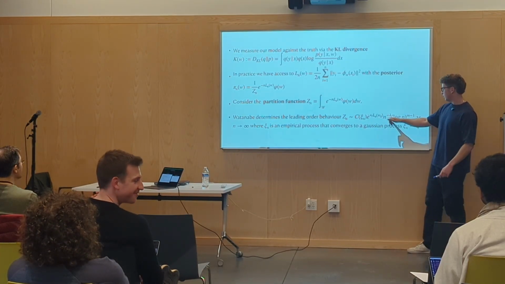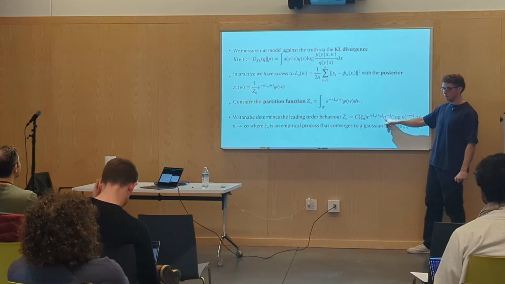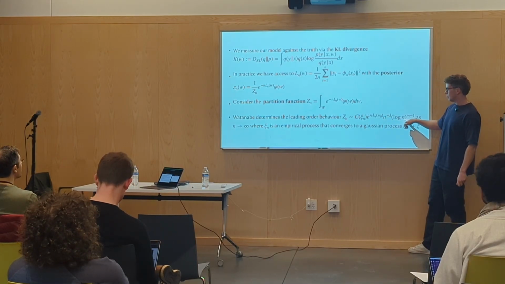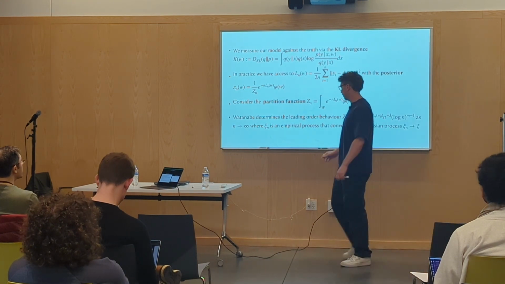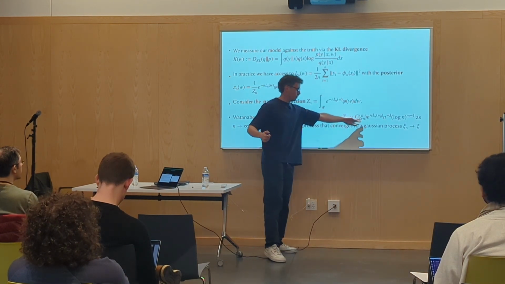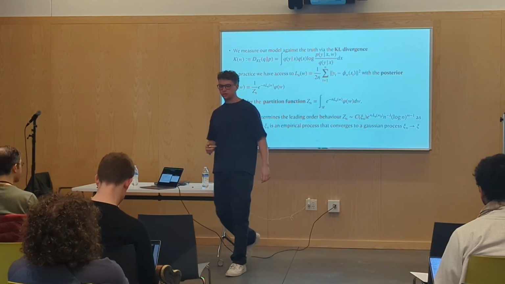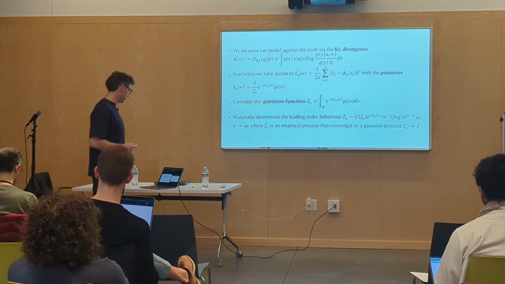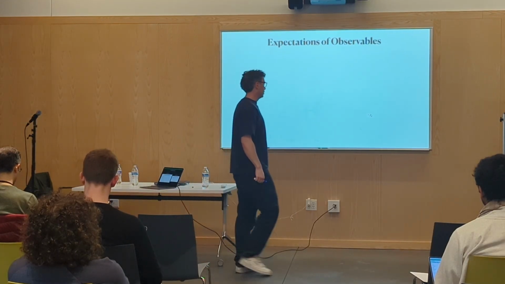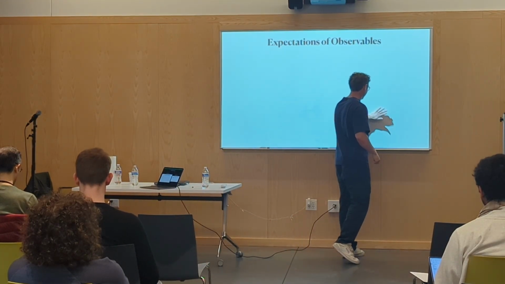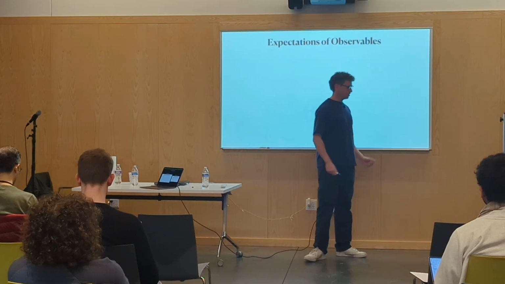And then we also have this polynomial exponent and this logarithmic term. And then this lambda and this m will be some of the main quantities that SLT talks about. And then we have some random process that converges to a Gaussian process in the constant out the front. I just realized I should remove that negative n. There we go.